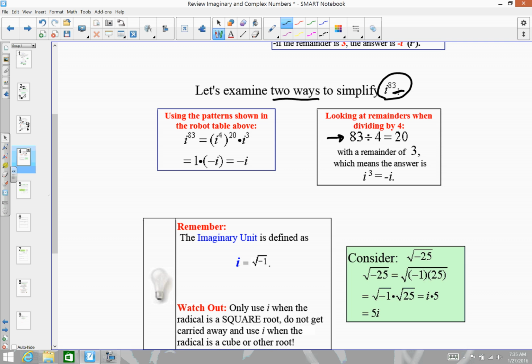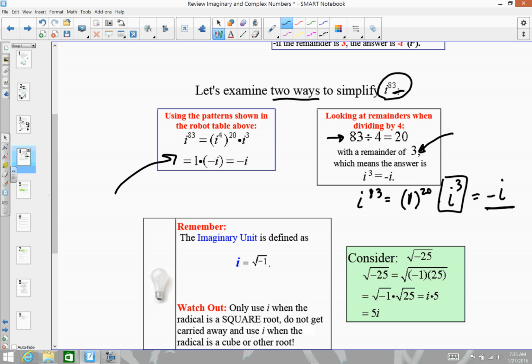And then whatever my remainder is, in this case 3, so I'm dividing 83 by 4, I get 20, the remainder is 3. Really, this i to the 83 is equivalent to 1, that's my i to the 4th, 20 times, so to the 20th power, times i to the 3rd. So 1 to any power is 1, so really my answer is just i to the 3rd, and we know that that is equal to negative i.